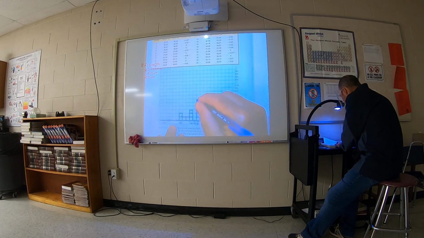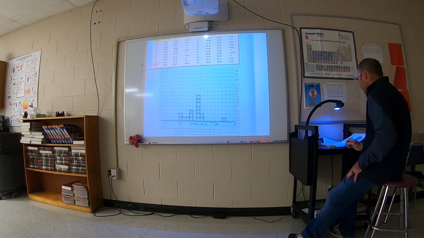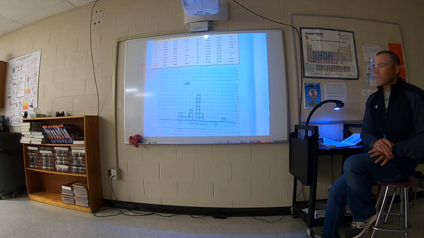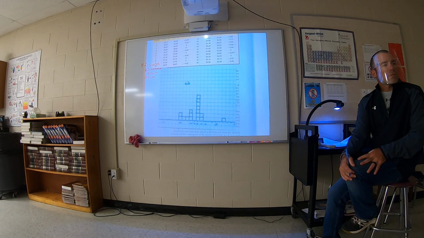0. Positive 0.01, another 0. Positive 0.01, and negative 0.22. So this is the graph for 9A. That's what it should look like, if you did it correctly.